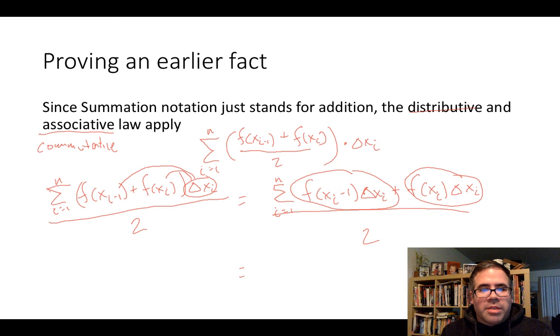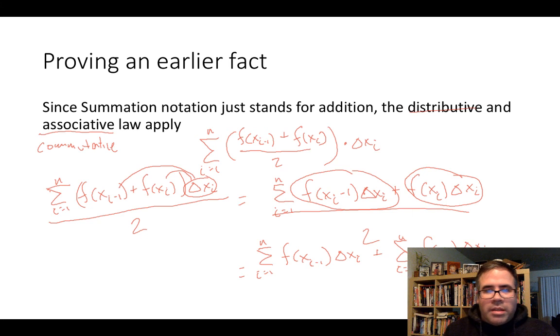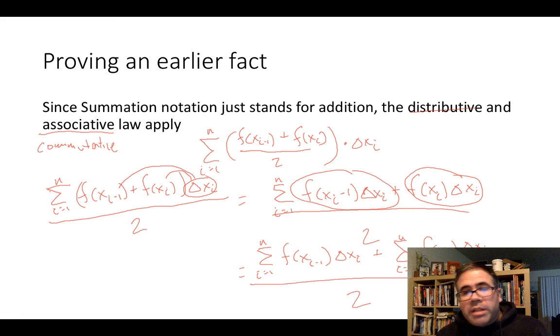So this becomes one sum, i equals 1 to n, f of x sub i minus 1 times delta x sub i, plus the second sum, i equals 1 to n, f of x sub i times delta x sub i, divided all by 2, and that's what we wanted.